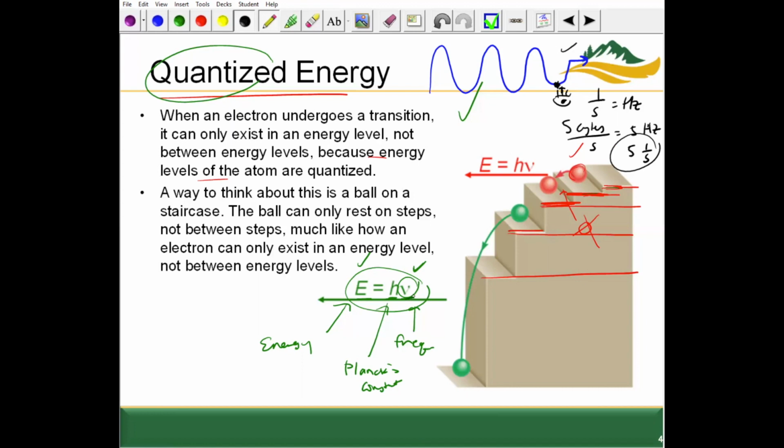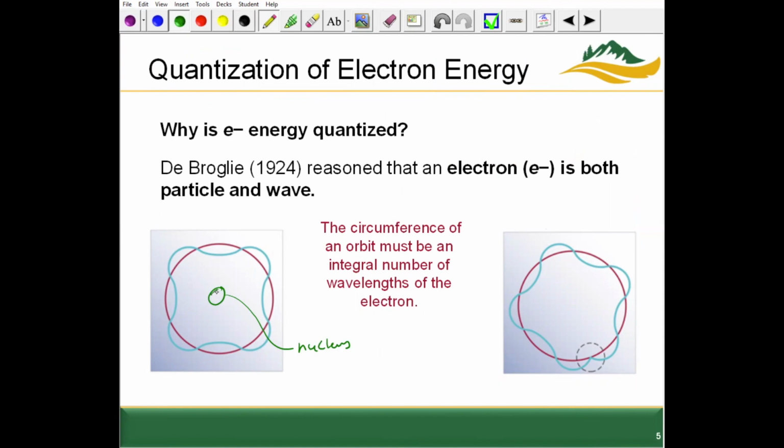How do electrons have a frequency? How do electrons have a wave? Well, if we have this nucleus and let's say this is energy level 3. We also have more energy levels below here, n equal 1, n equal 2, etc. In each energy level, we're going to have an integer number of wavelengths that can fit around the circumference of the atom.